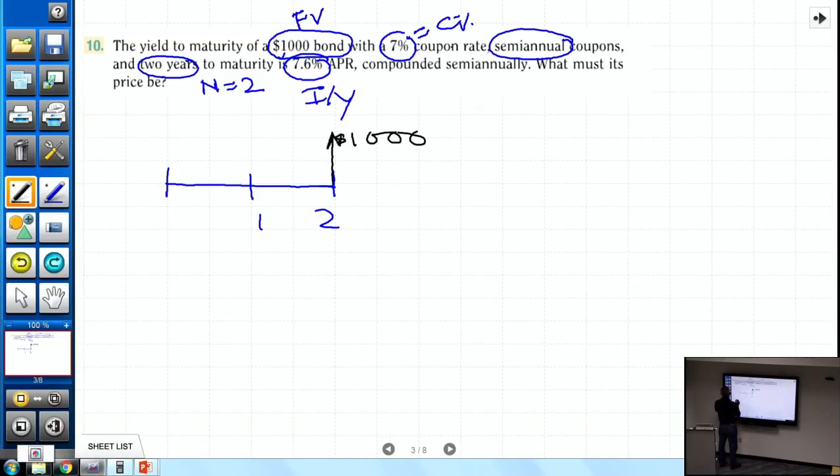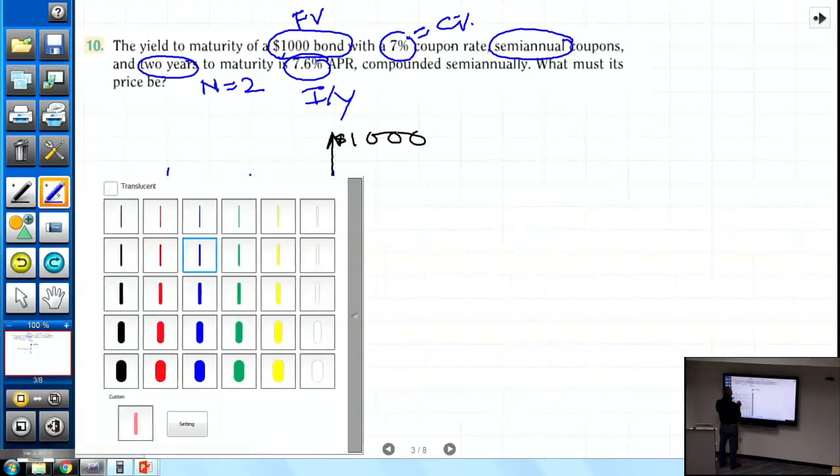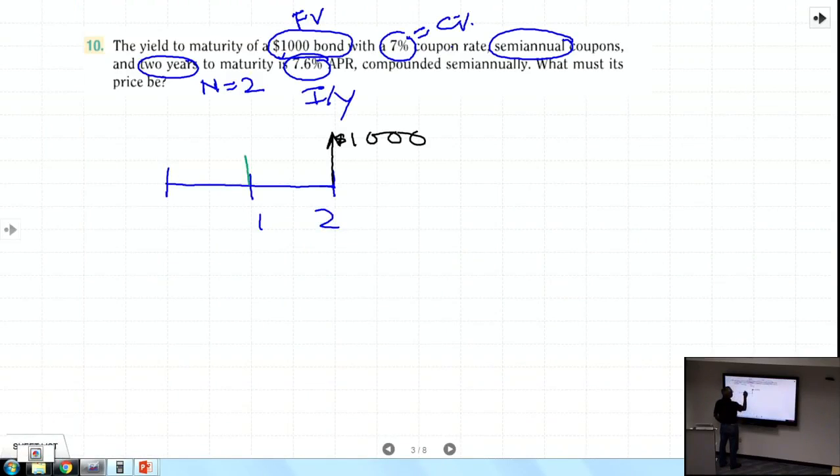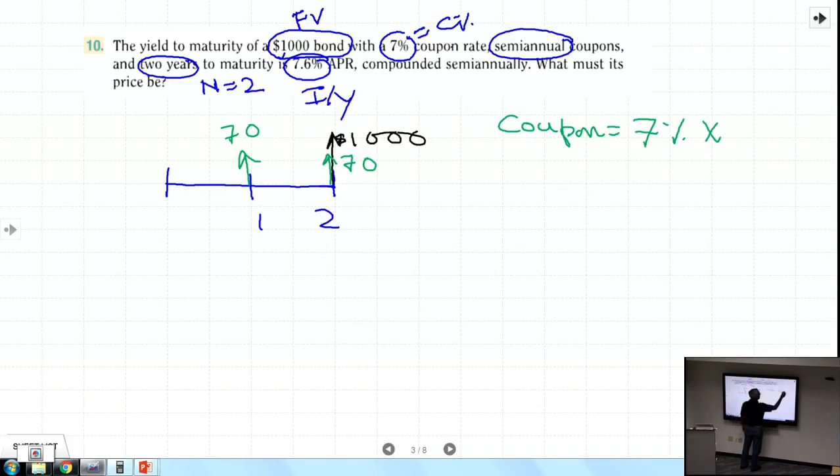However, in the interim, this bond will have coupon payments, and the coupon is 7% of 1,000. So coupon is going to be the coupon rate times the par value, which is 0.07 times 1,000, which is $70.